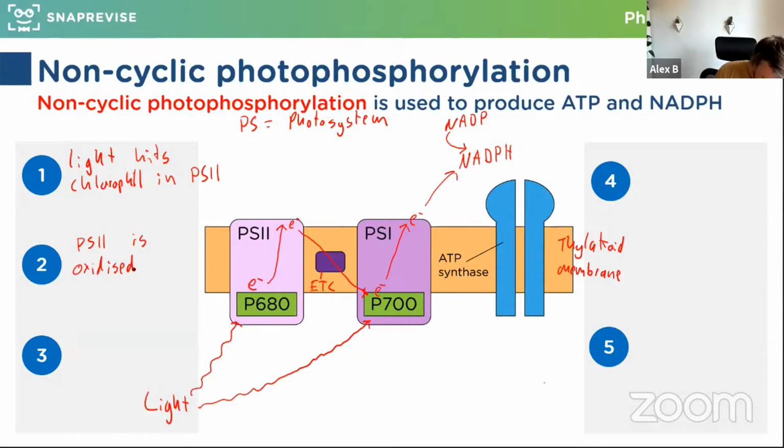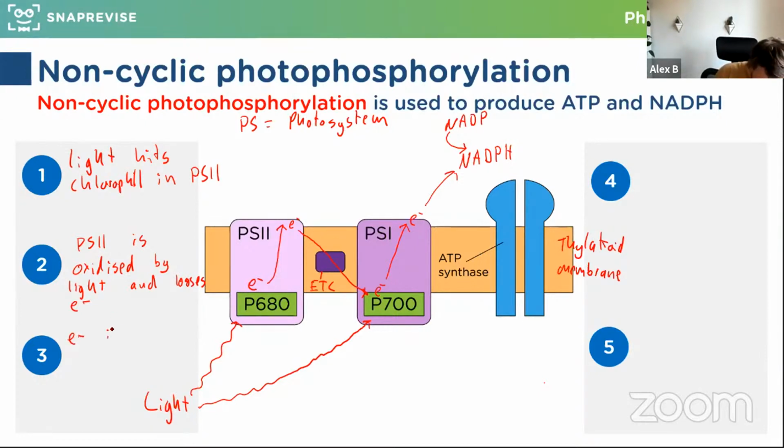I always have to double think the redox reactions, which one's going which. It's losing an electron, OIL RIG, oxidation is loss. So PS2 is oxidized by light and loses an electron, E minus.